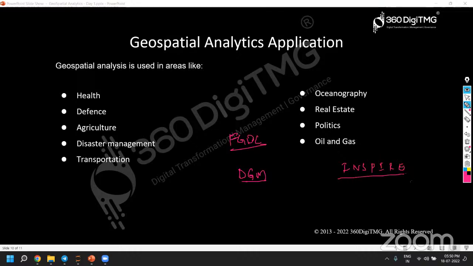This is the full form: INSPIRE, infrastructure for spatial information in the European community, European Union. Infrastructure for spatial information in the European community.